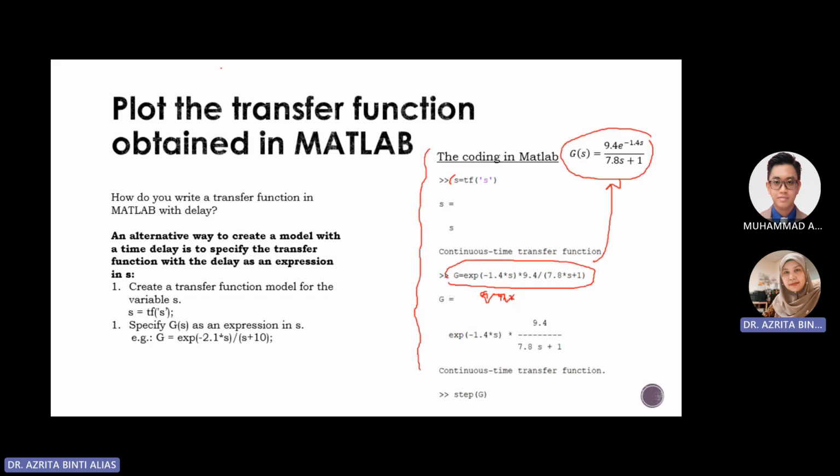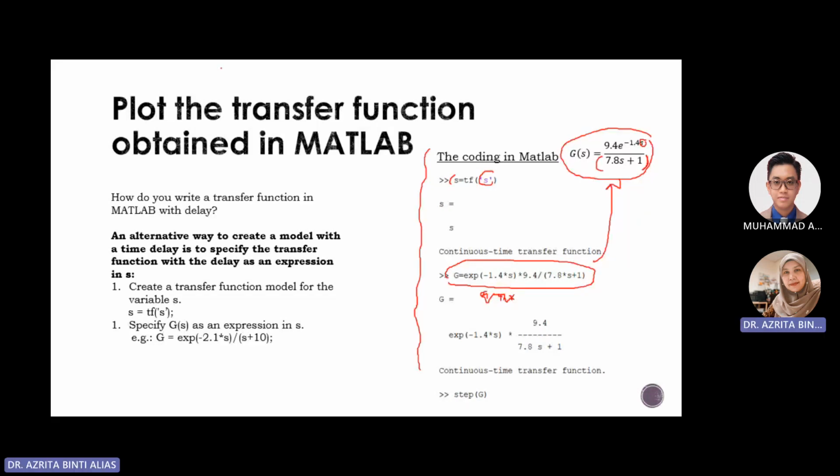So kalau ada multiplication, you need to put star to represent the multiplication: minus 1.4 multiplication s. We can use s because we already declared that s is the transfer function in this system. Okay, so multiply with 9.4 and then divide.